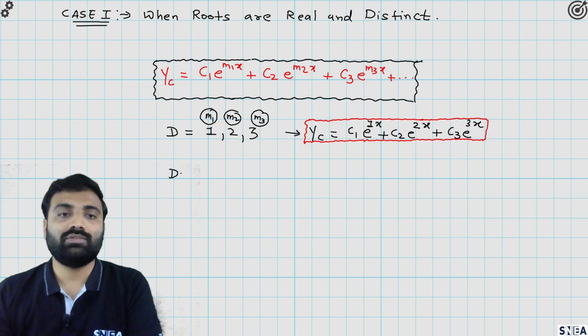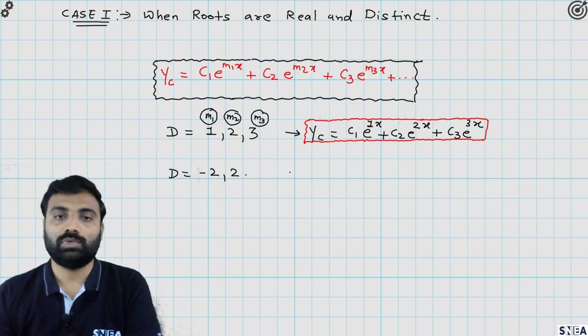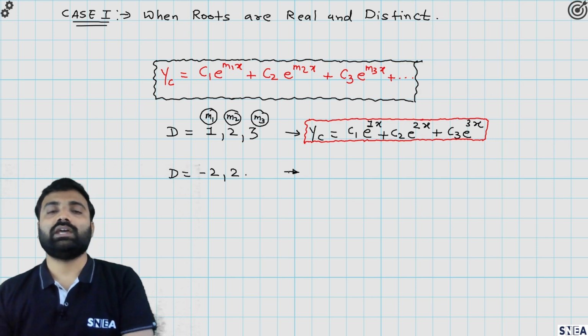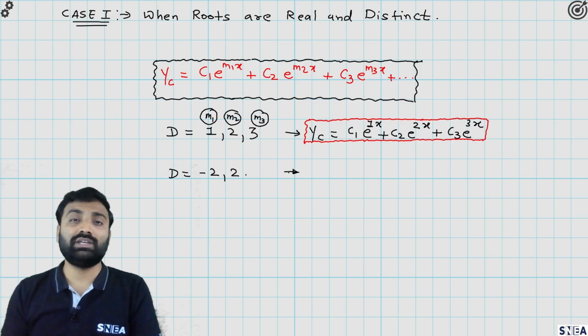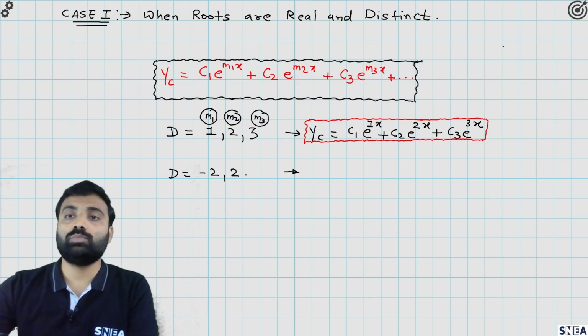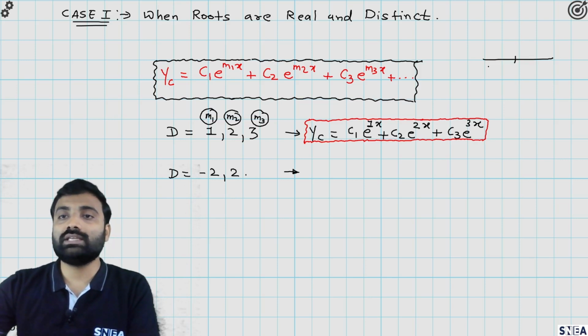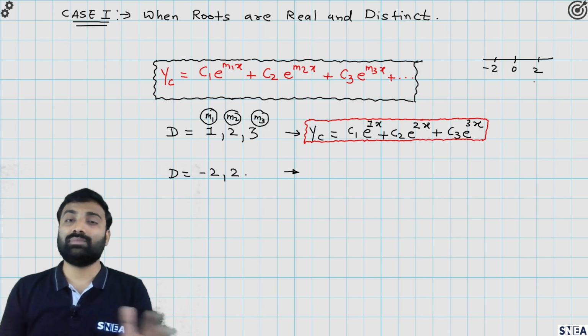If your answers are -2 and 2, can you say this is repeated? No, this is not repeated. These are different answers. -2 lies on the left side of the coordinate axis, and +2 lies on the right side. So this is not the same answer.